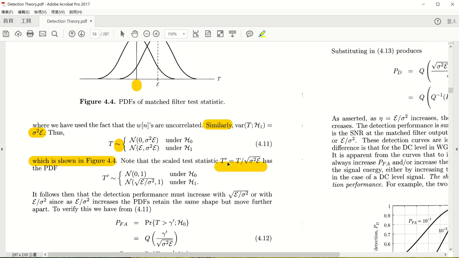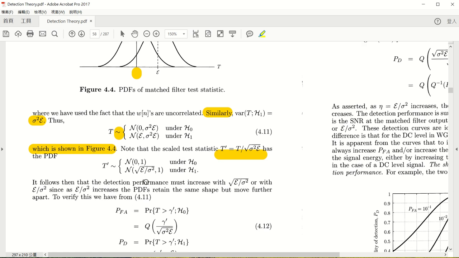So we do this change of variable. We get this new test statistic that is T prime. And it's distributed with Gaussian distribution 0, 1 under H0, or Gaussian distribution with 1 as the variance and this as the mean under H1. You divide this with this, then you get this as a new mean.